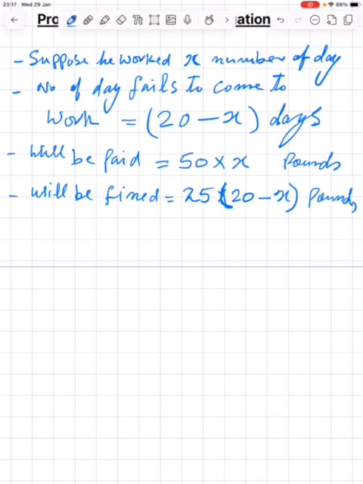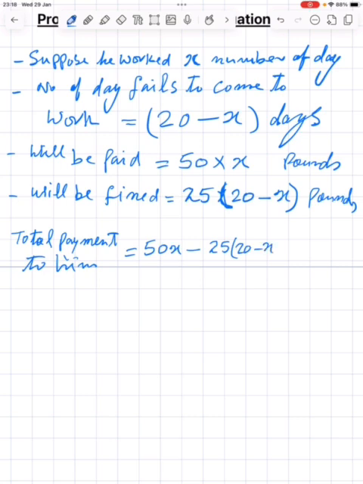So if we collect it together, the total payment to him will be 50x minus 25(20 minus x) equal to £700. That's what you get at the end.